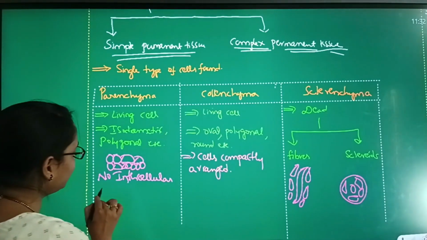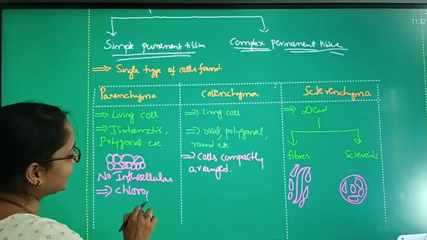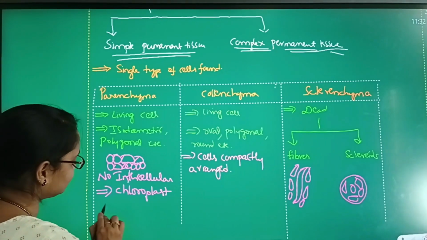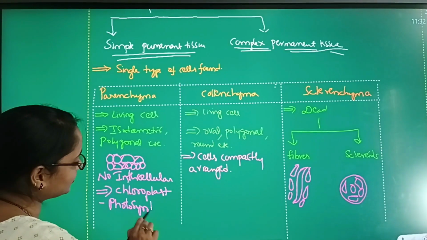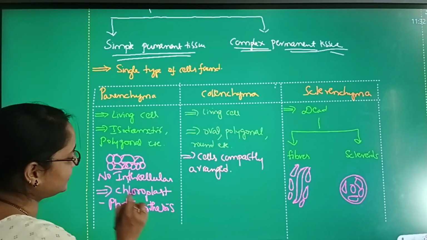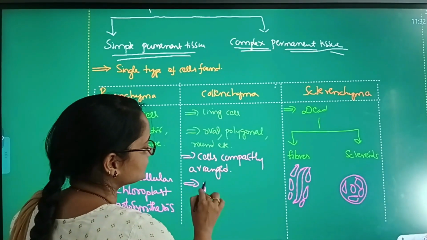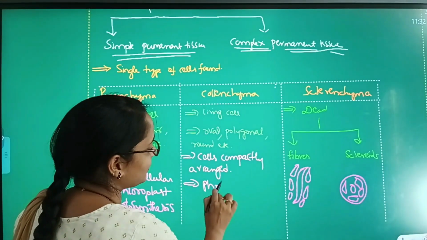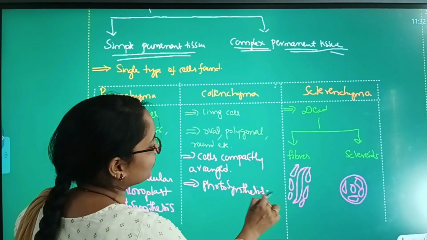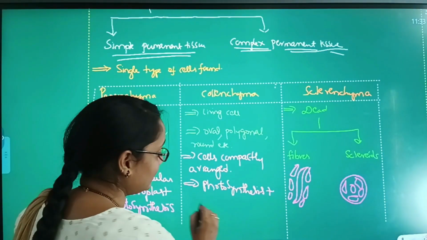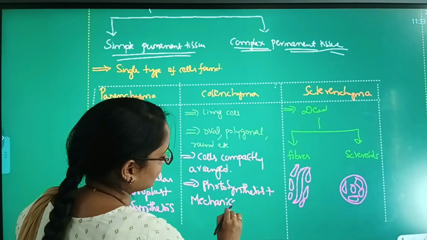Parenchyma cells have chloroplast, so they can perform photosynthesis. One function of parenchyma is to perform photosynthesis because they are provided with chloroplast. Collenchyma also has chloroplast, so it can perform photosynthesis. In addition, it helps in providing mechanical support.